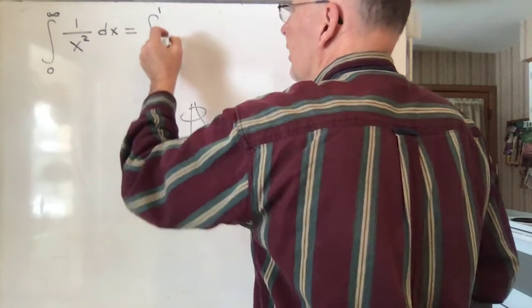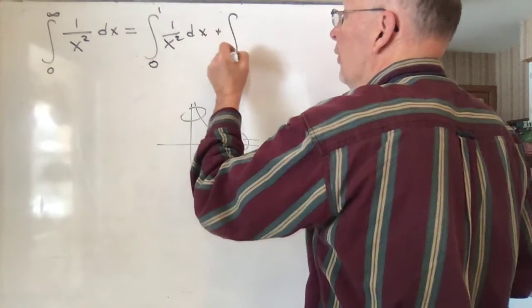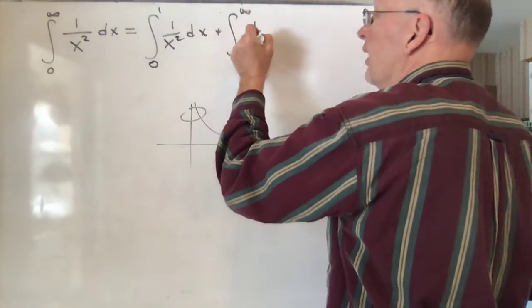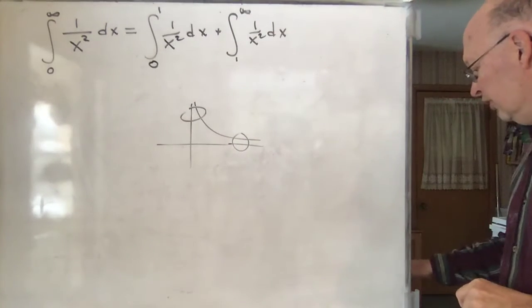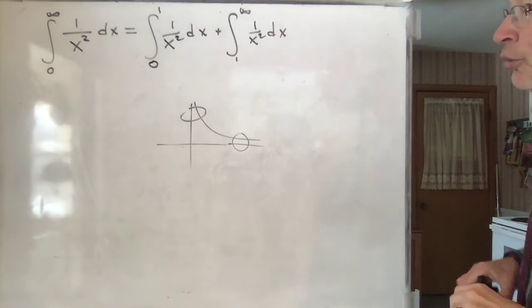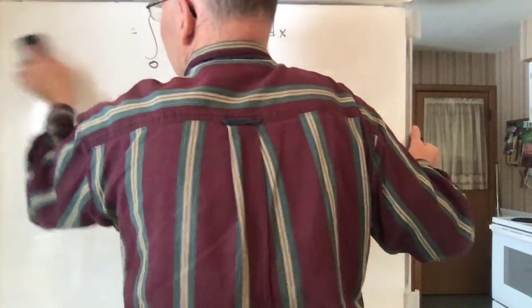Let's just say 1 again, 1 over x squared dx, and then go from 1 to infinity, 1 over x squared dx, and break it up into two different intervals. Okay, very good.